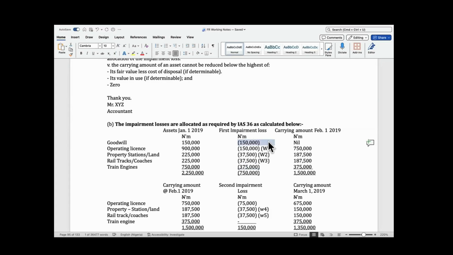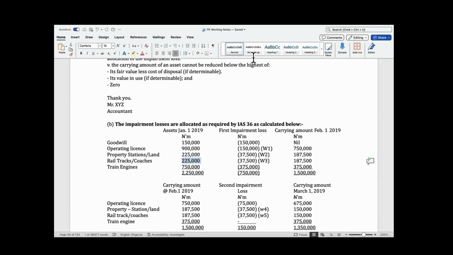What's remaining? 225. Correct. So it's remaining 225,000. So that 225,000, we need to then share it amongst these assets based on their carrying amount value. So we need to share it among this, this, and this.